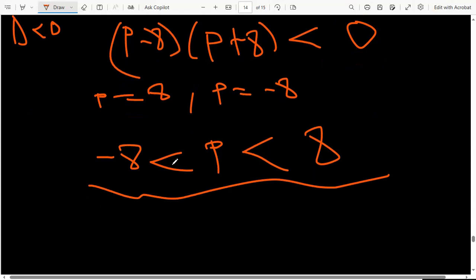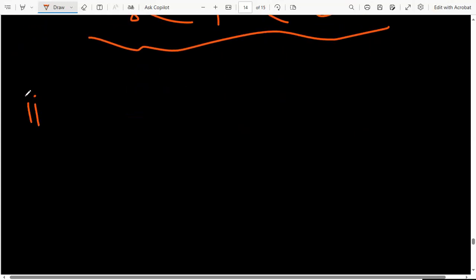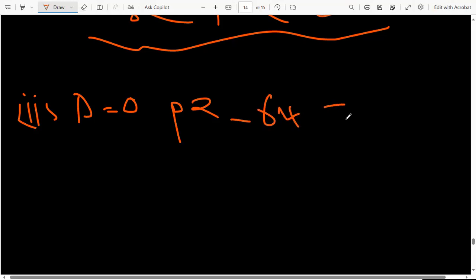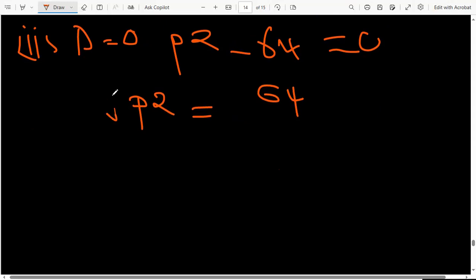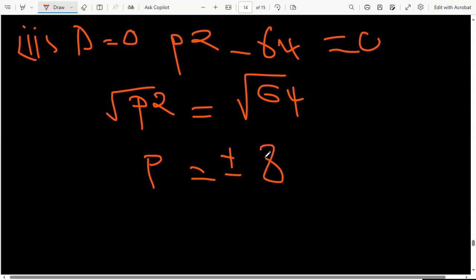Then the third condition is that the discriminant is equal to 0, meaning p squared minus 64 is equal to 0. So p squared is equal to 64. We want to find the value of p, so you square root this side and also square root this side, so p equals plus or minus 8.